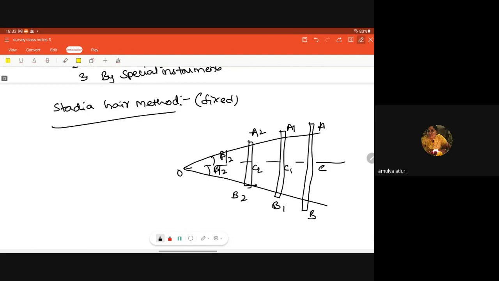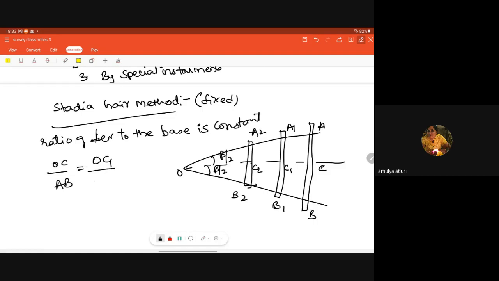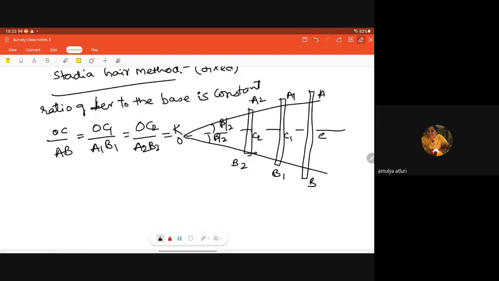So the ratio of perpendicular to the base is constant. Then we know OC by AB is equal to OC1 by A1B1, that is equal to OC2 by A2B2 is equal to constant. Yes, we know that rule from geometry.